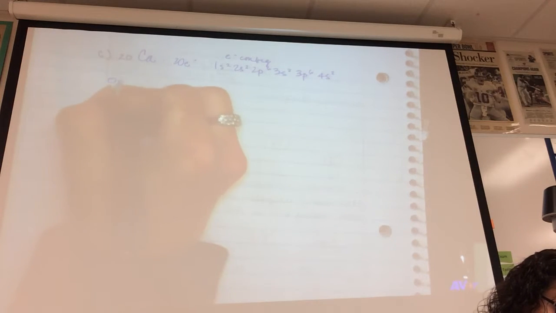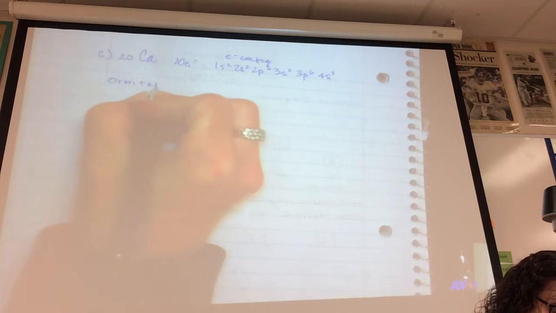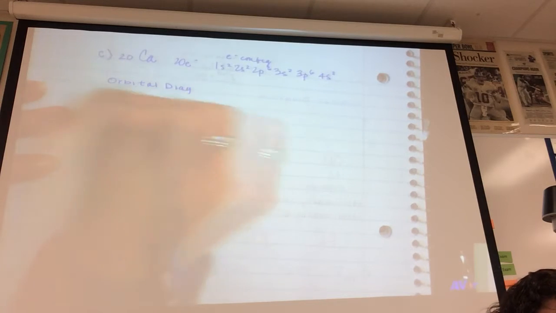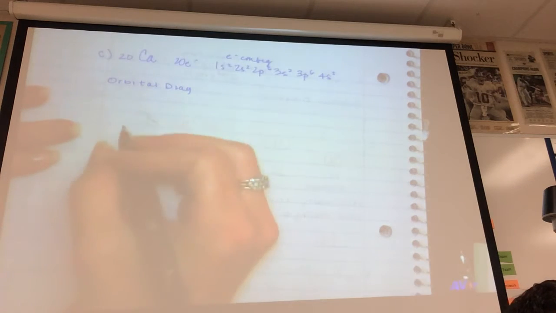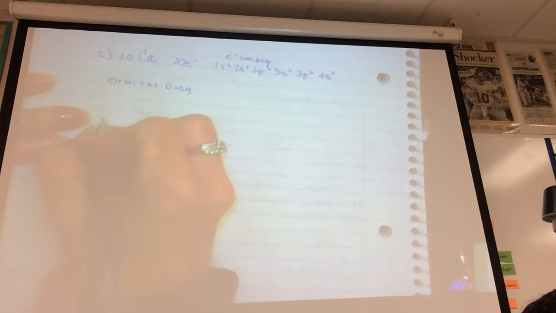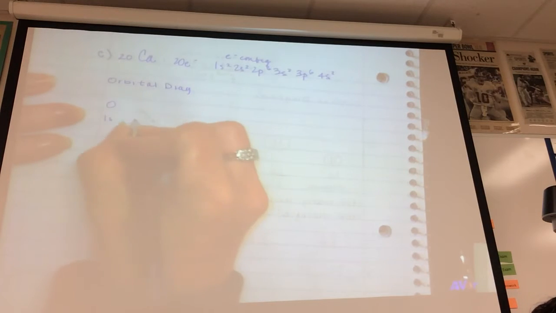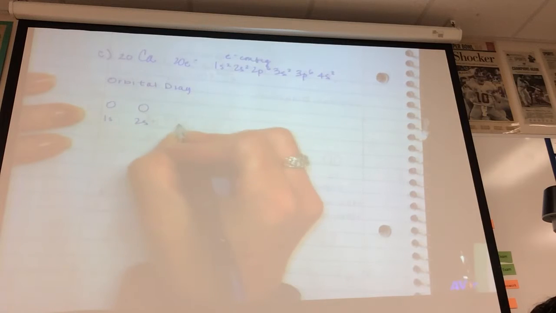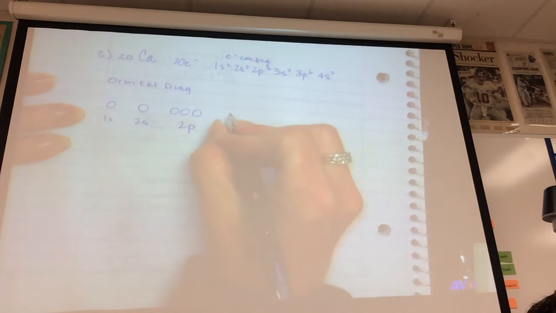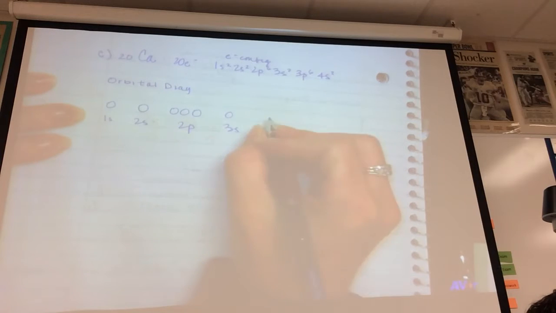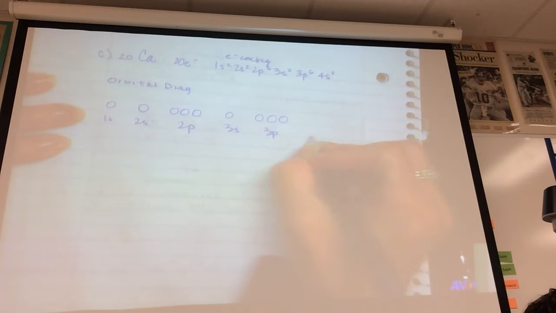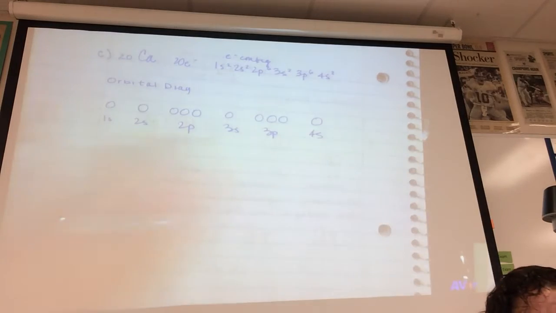In regard to the orbital diagram, this is where I'm not going to keep going up because I'll run out of room. So we'll make it simple. We'll do 1s, 2s, 2p, 3s, 3p, and then 4s.